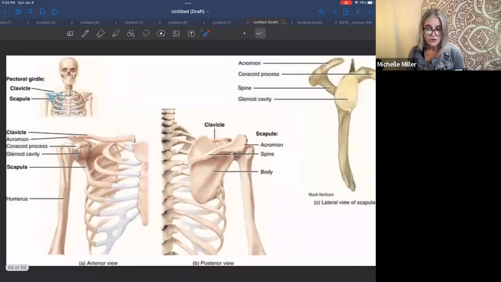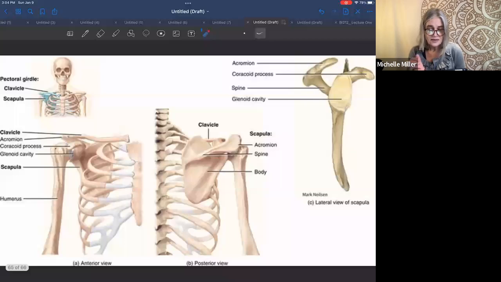So you'll notice here that the clavicle then does not articulate directly with the upper arm. It does not connect with the humerus. The clavicle connects with the scapula, which is the shoulder blade, and then the scapula articulates with the humerus.